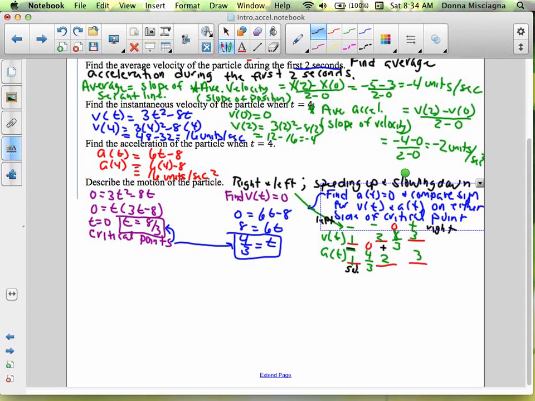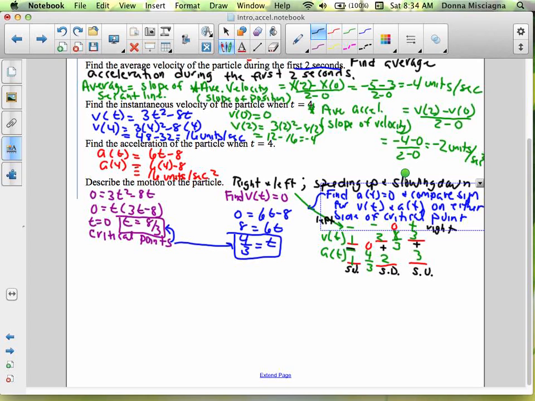Acceleration is positive. We are slowing down. If we plug in 3, we'll have 18 minus 8, that is positive. And it should be positive, because the only place we're going to change signs is at 4/3. Because 8/3 is not a critical point for acceleration, it's a critical point for velocity. So notice they are the same, and we are speeding up.